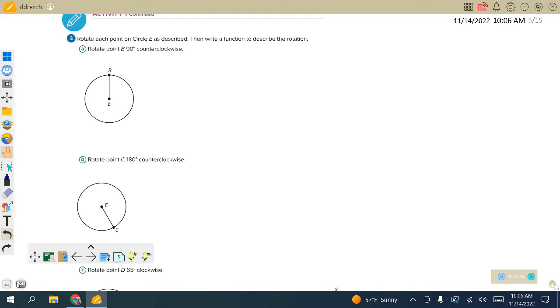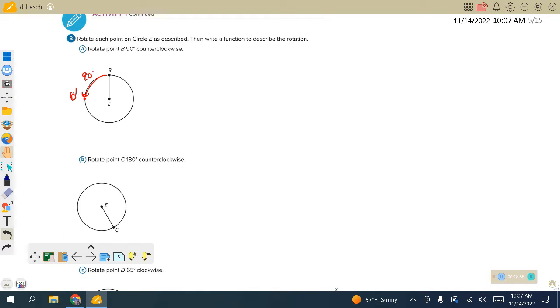Because on this one here, B prime would land in, I would say, either one of two locations. Only one of those is correct. Is B prime going to be on the left side of E or the right side of E? It's going to be on the left. So this is a what? What did we just say? 90-degree counterclockwise rotation.